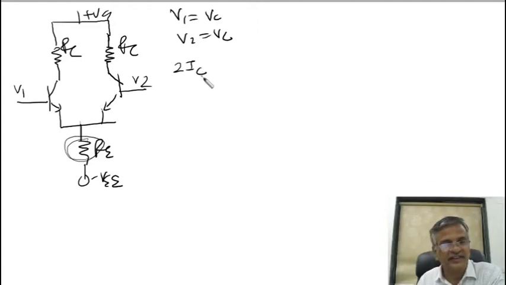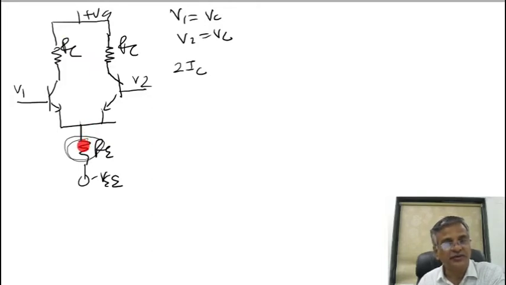But collector current and emitter current are nearly the same, you must be knowing this. So when you are giving the voltage Vc, the current passing through this is IC1 and through this is IC2, and both input voltages are the same. So IC1 and IC2 are equal.